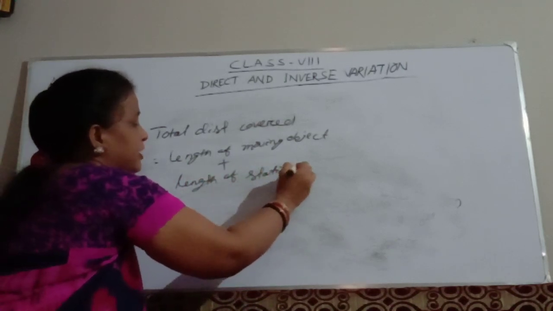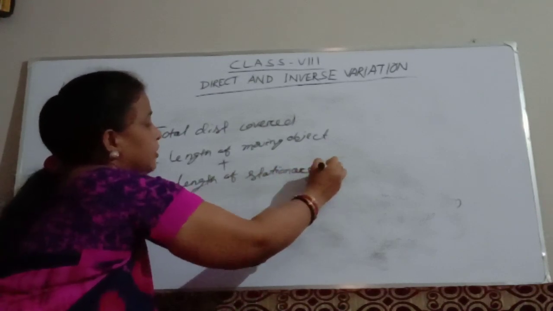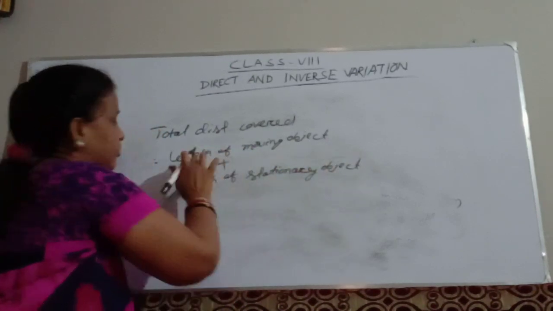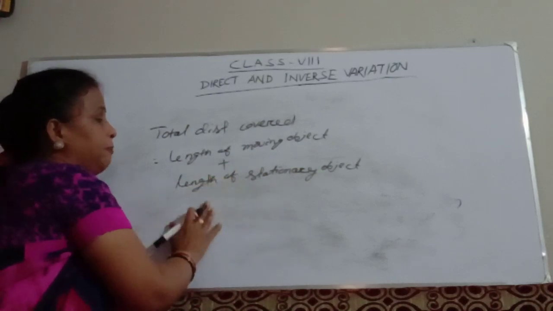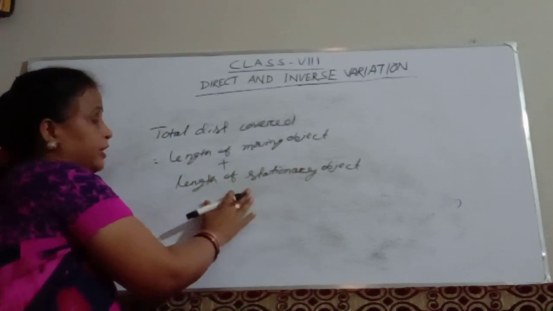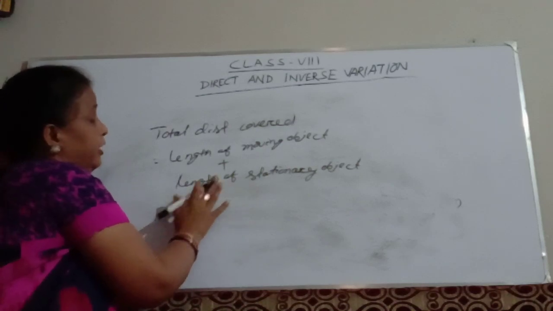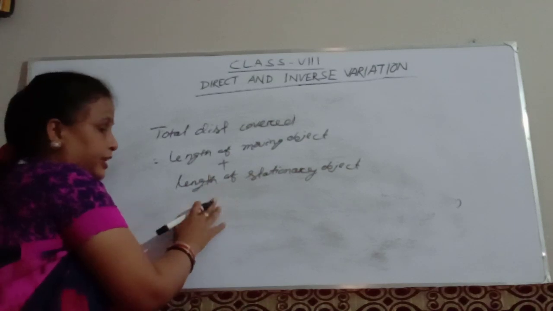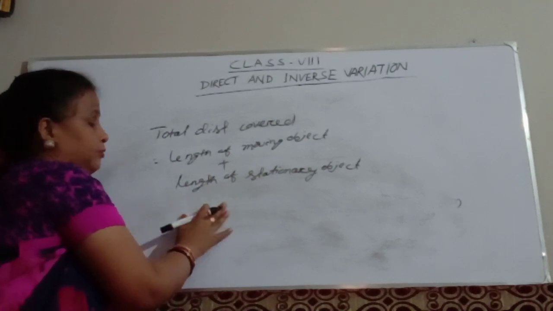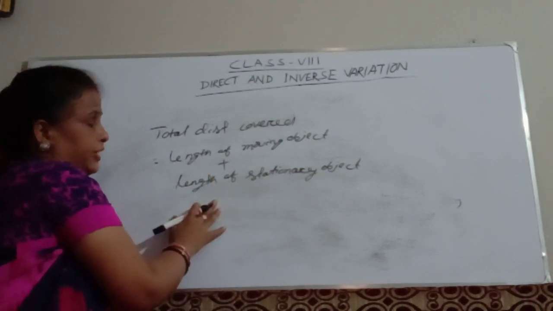Here, the length of the moving object means the length of the train, and the length of the stationary object means the object it will be crossing. Suppose the length of the tunnel or the length of the bridge is given, then you have to write down like this.